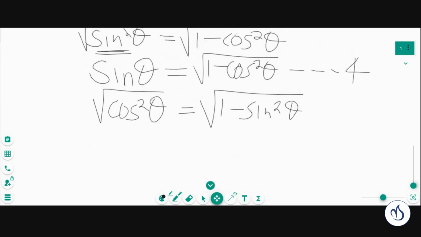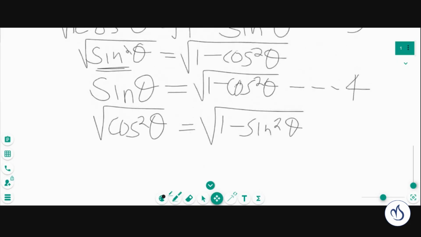And when you take a root of a square, the square cancels out with the root sign, and we shall simply get cos theta.